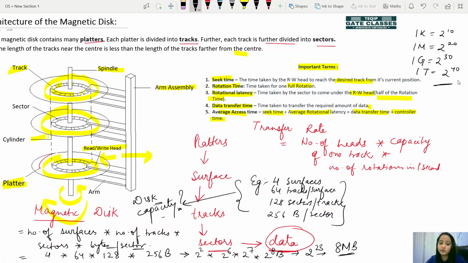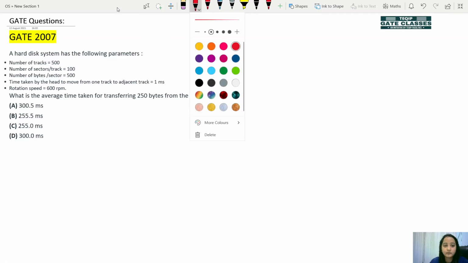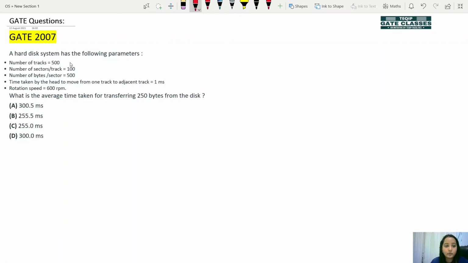So next, we have a GATE question. A hard disk system has the following parameters. Number of tracks is 500, number of sectors per track 100, number of bytes per sector 500.